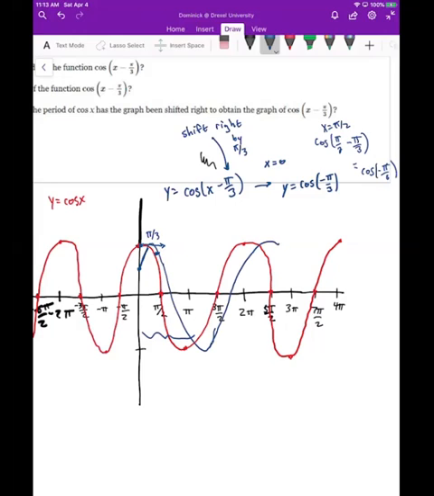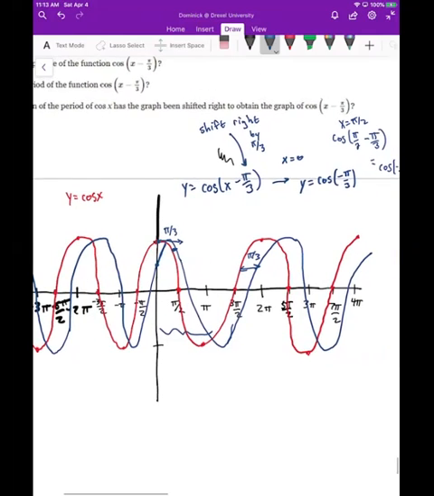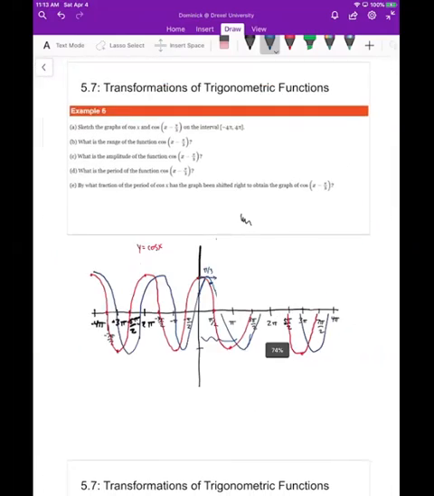All right, so everything is translated over by pi over 3. All right, so this distance here is pi over 3. All right, and then a similar thing on the other side. We'll get something like this. All right, so that's the idea.